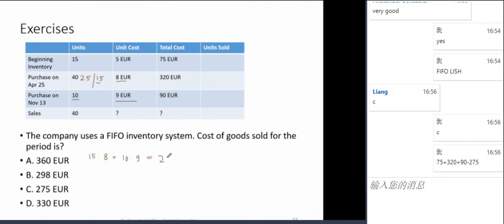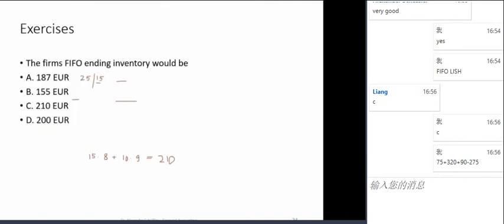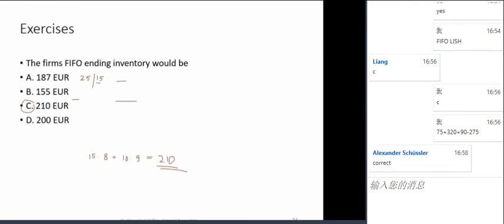You can of course also calculate it in a different way, but it's important that the answer is 210, and C is the correct answer. Okay, very good.